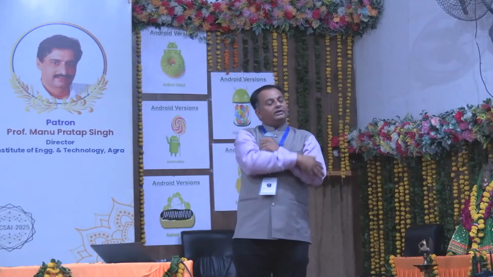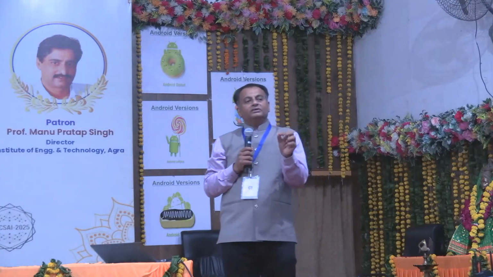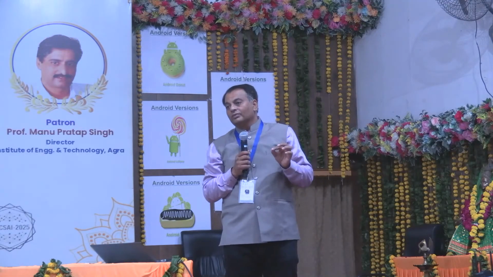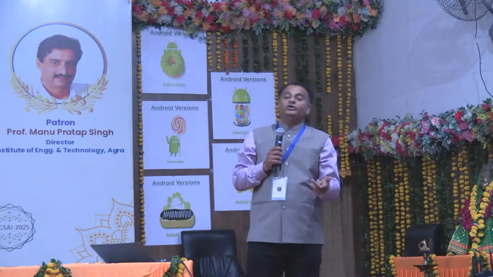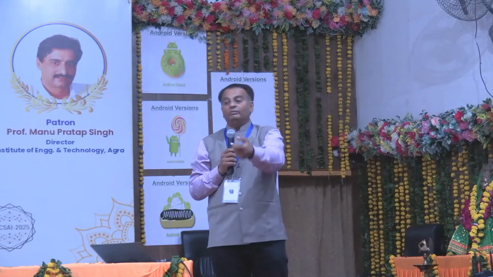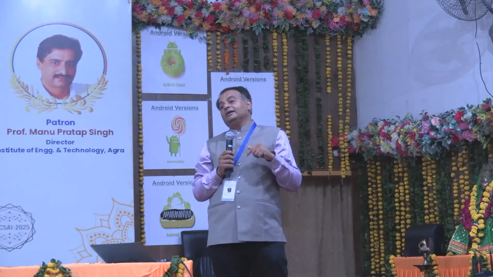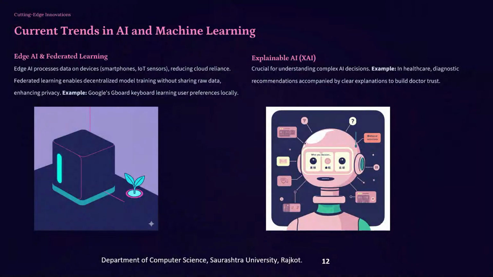We have tested many cases, and based on that we identify whether the person has a bone tumor or not. But how I detected the bone tumor with the AI algorithm, I also have to explain to my doctor so that the doctor can take the decision properly. So this is called explainable AI.